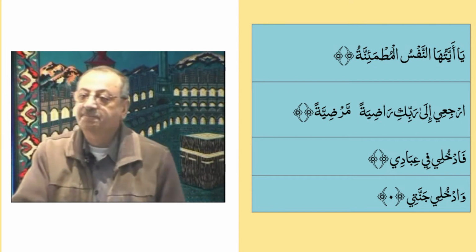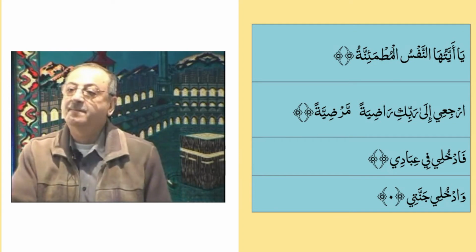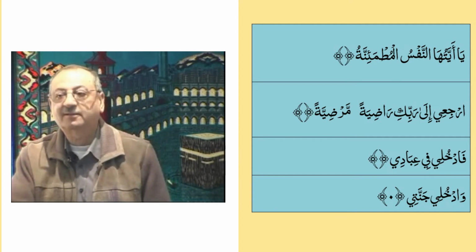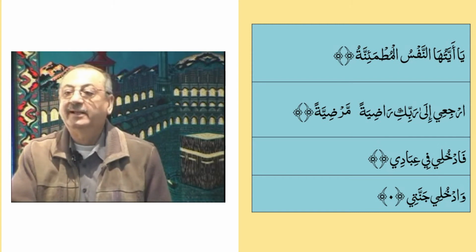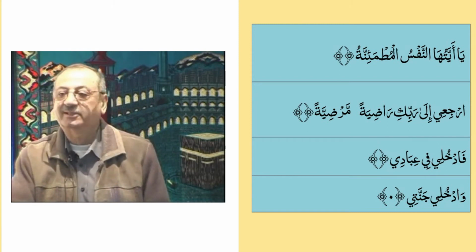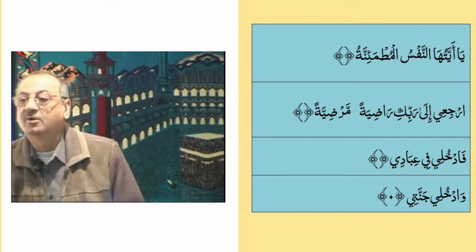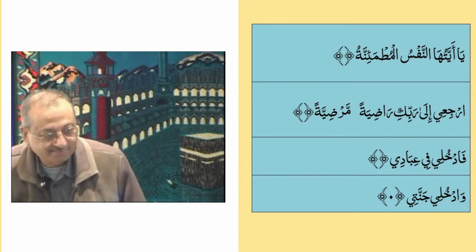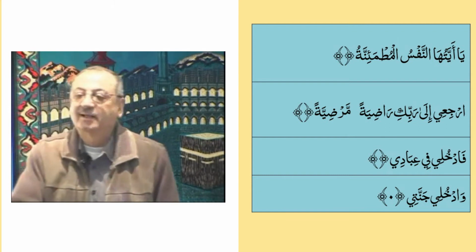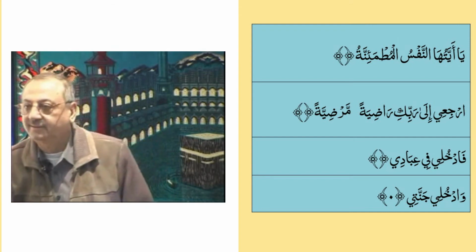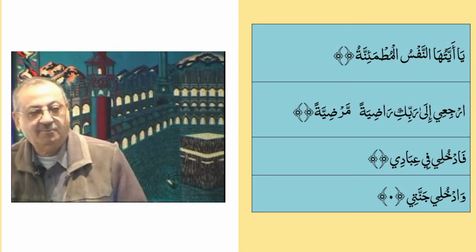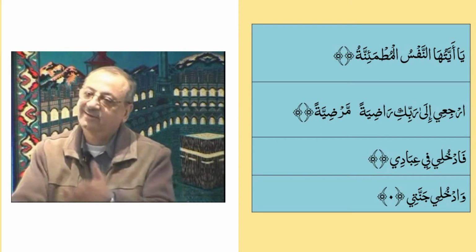But if I say that William or any other name entered Islam, I will say Dakhala Williamu fil Islam. Are you with me? Or if there is another lady, say Nancy, I will say Dakhalat Nancy fil Islam. Why? What happened? Dakhala is there.